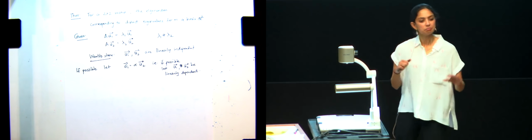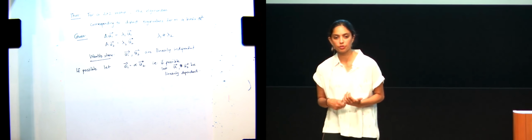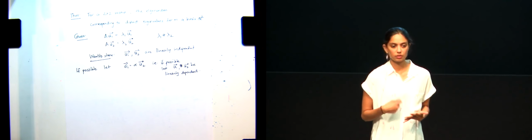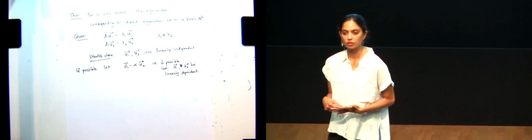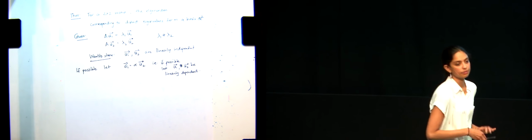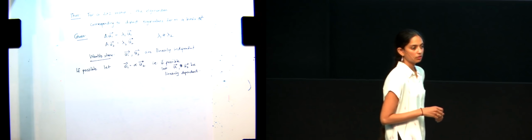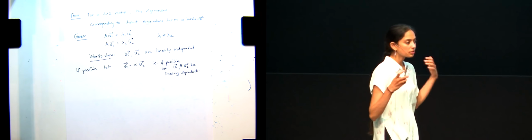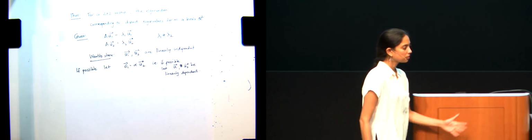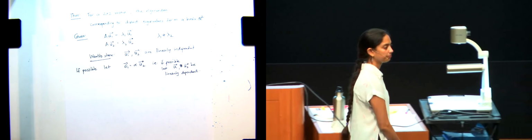Okay. Take a minute to see if you can proceed from here on. Just talk to your neighbor for a minute. I don't want to do this too fast. I want to arrive at a contradiction. I want to say that, no, it's not possible for V1 and V2 to be linearly dependent. If I assume this, I'm going to somehow contradict something.